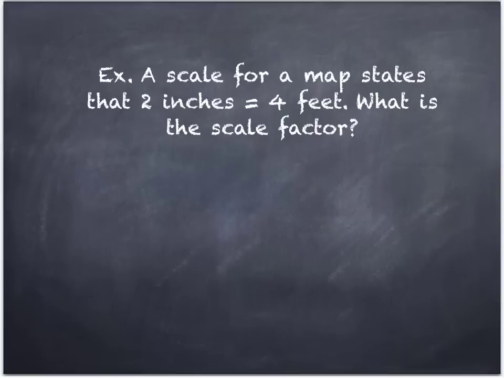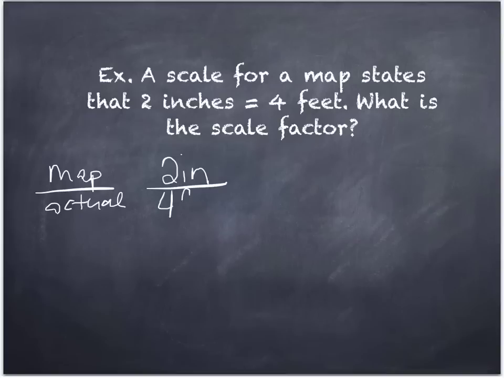Our example says that a scale for a map states that 2 inches equals 4 feet. What is the scale factor? Again, we always start with map over actual. Our map is 2 inches, and our actual is 4 feet.